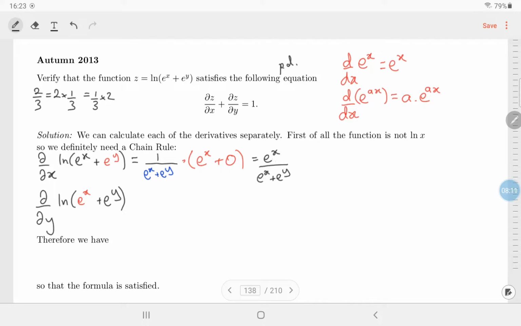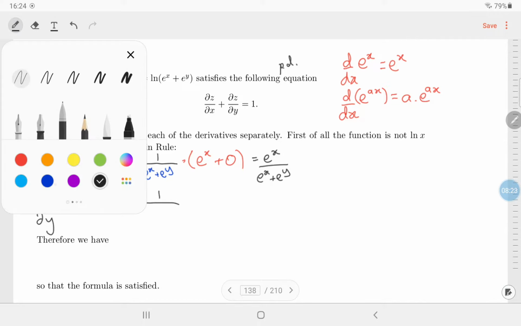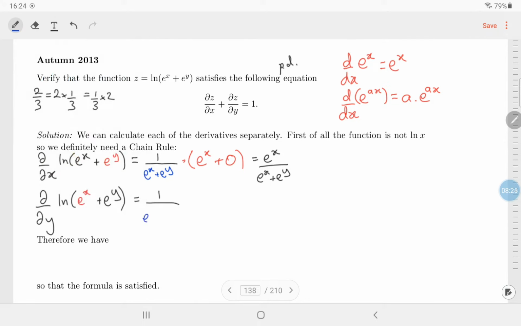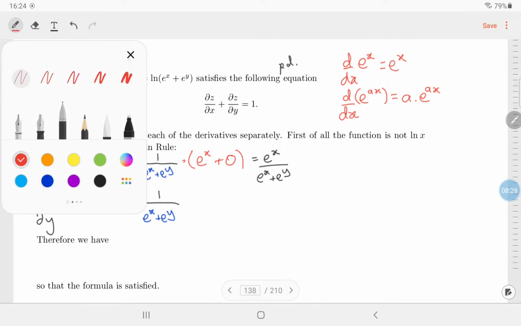Now by symmetry, we'd expect to see e to the y over e to the x plus e to the y, but let's do it. So differentiating with respect to y now. So again, you'd expect to differentiate the outside, evaluate at the inside, and then multiply by the derivative of what's inside.